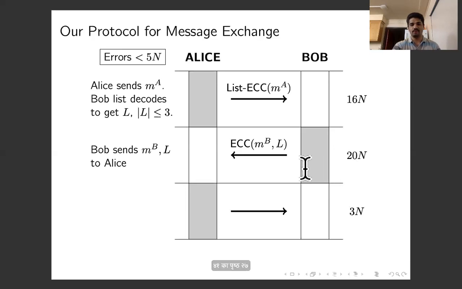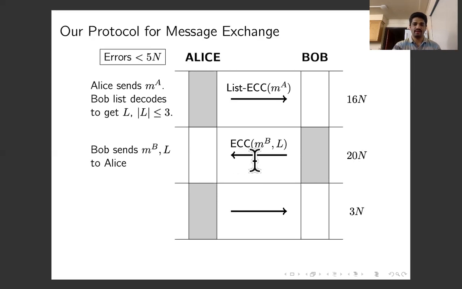In the second phase, Bob is talking to Alice. And in this phase, Bob sends MB, his original message, and the list L he computed in phase 1 using a standard unique decodable error correcting code to Alice. Now, the length of this phase is 20n. The errors are at most 5n. So the fraction of errors in this phase is 1/4.